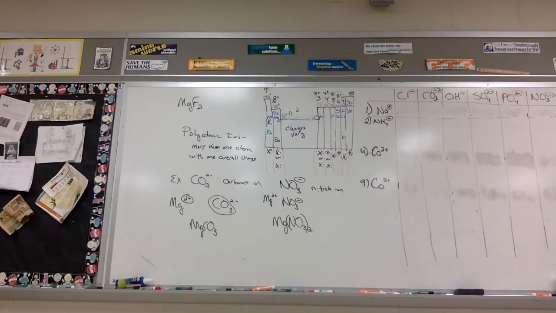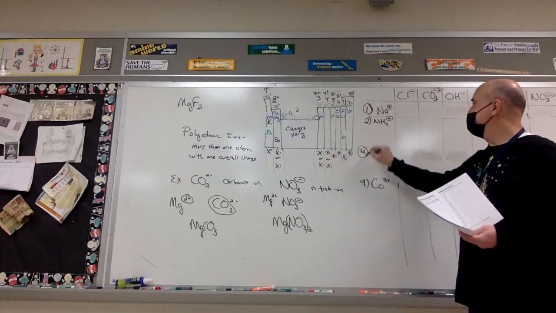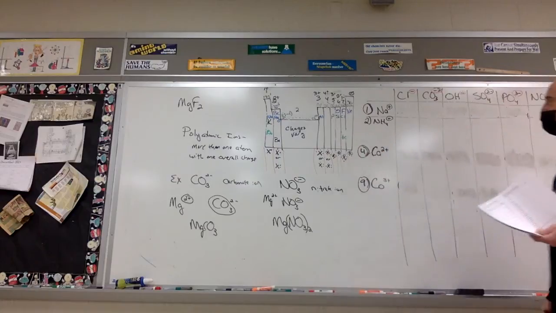So on this table over here, actually first, let's just do row 1, 4, and 9. We'll go back to the number 2.